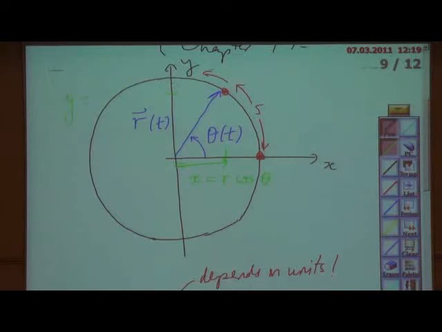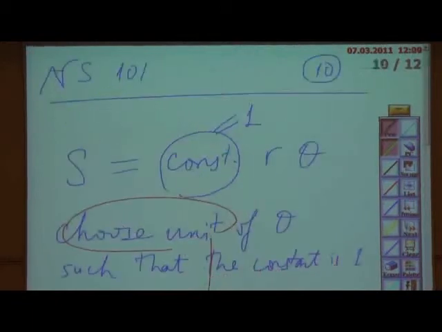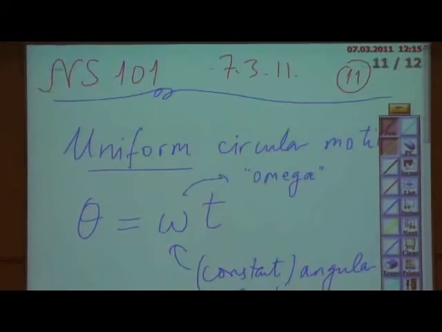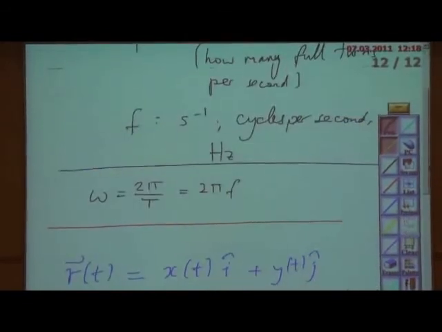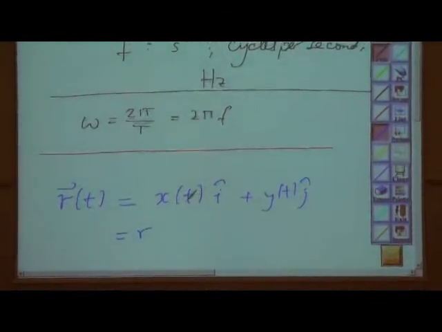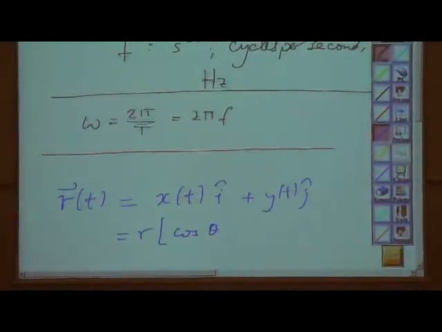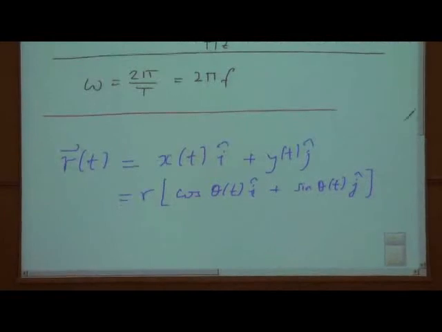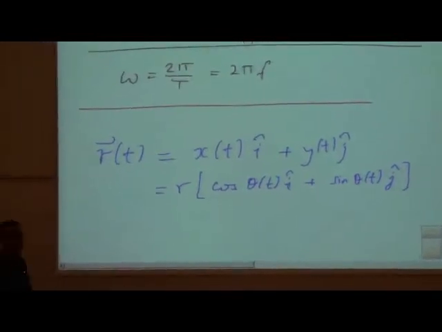Now, as my particle moves along the circle, its x position is this. What is x in terms of r and theta?